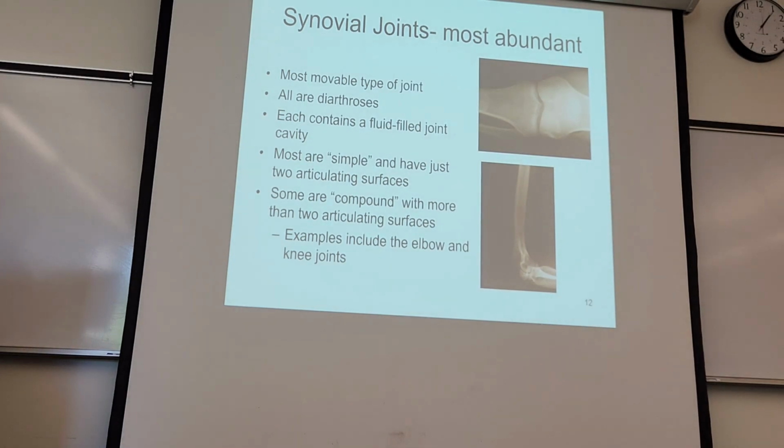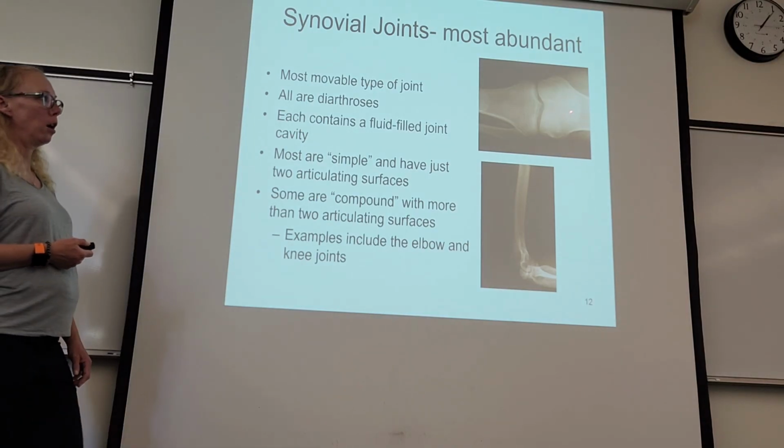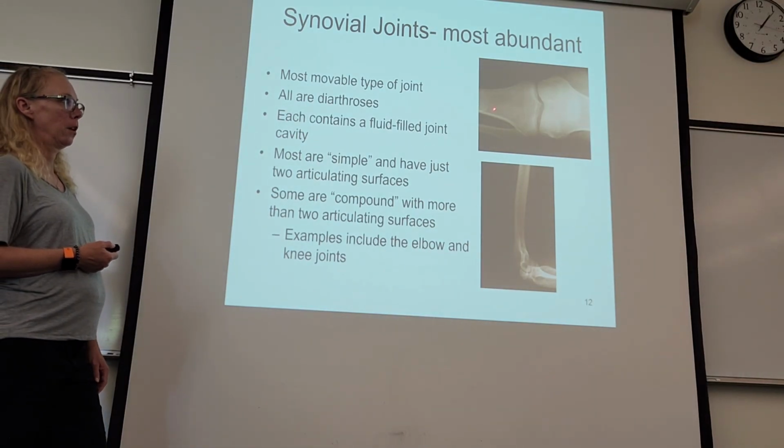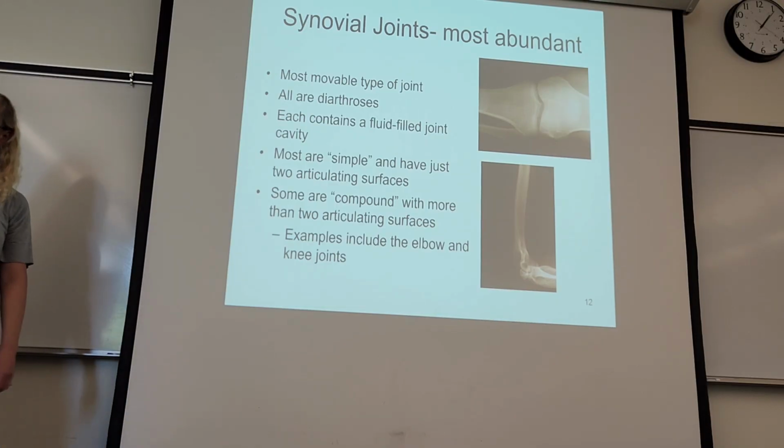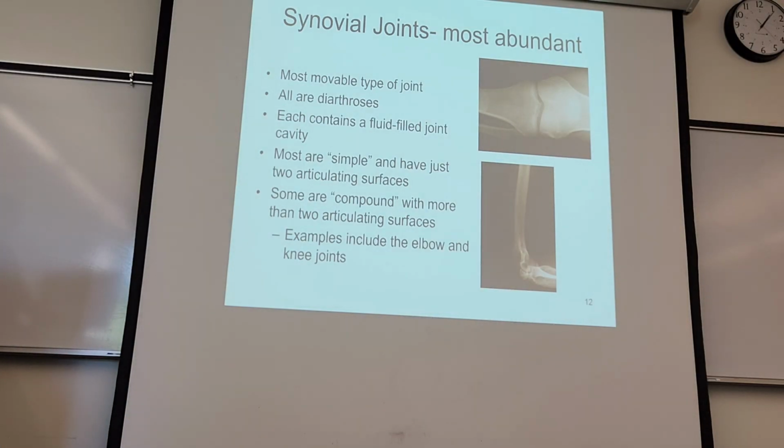So in the elbow, you have the humerus, and then in the forearm you have the radius and the ulna. So that's three bones, that makes it compound. In the knee, you have the femur, and then the tibia and the fibula. So that makes those two joints considered compound because they have three bones associated with them.